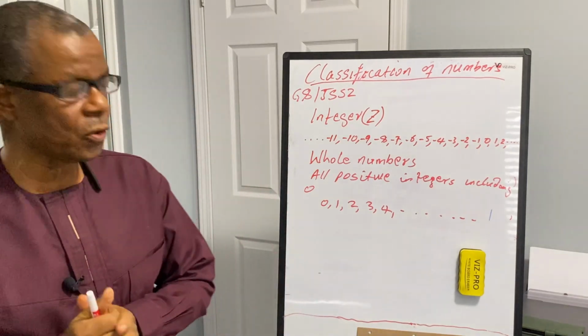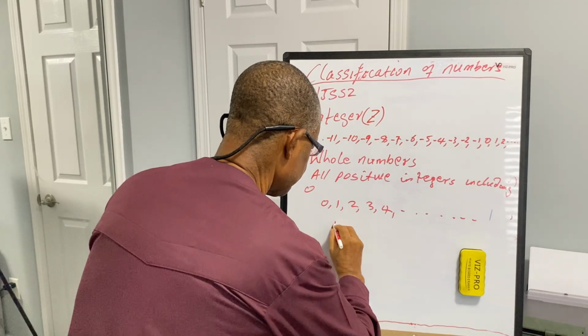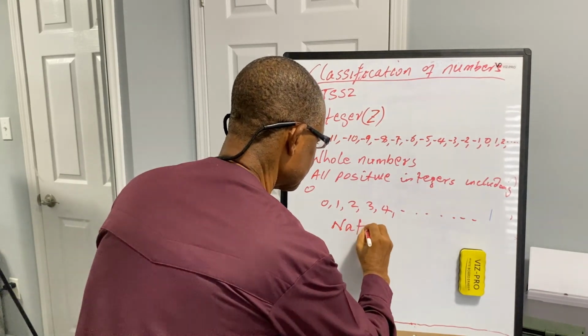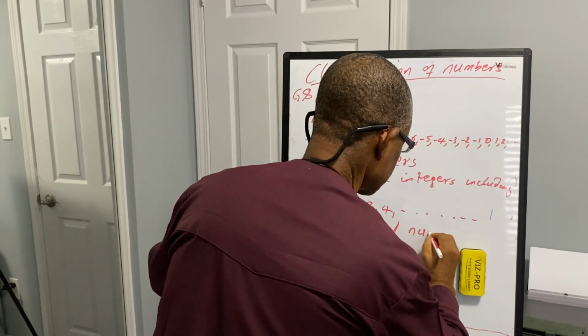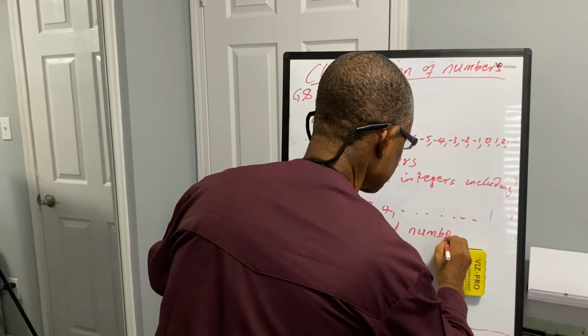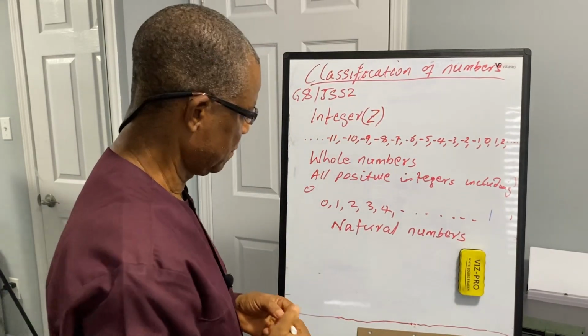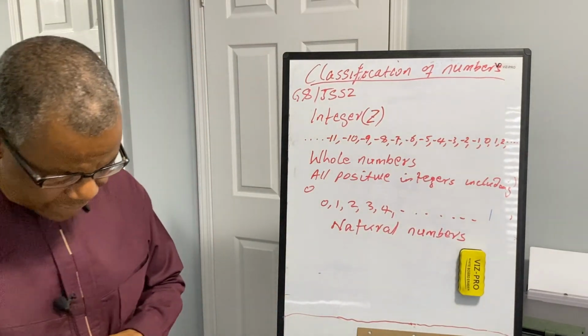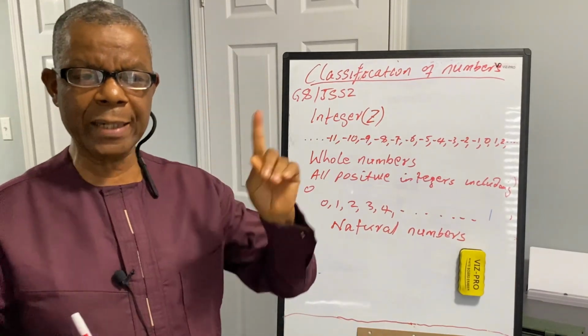We have also what we call natural numbers. Natural numbers are all the positive integers from 1 to infinity.